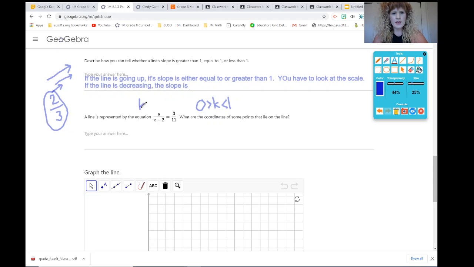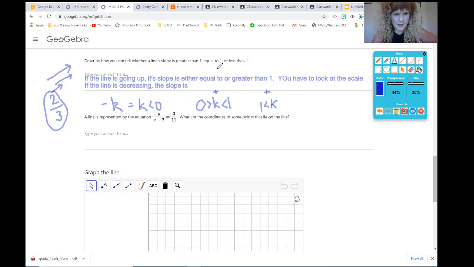Or we could have a k that is less than 0, and that is going to be equal to a negative k, a negative number. It's less than 0. Here, this is still a positive k, but it's between 0 and 1. And then the third scenario is a k that is greater than 1, and this is also positive.